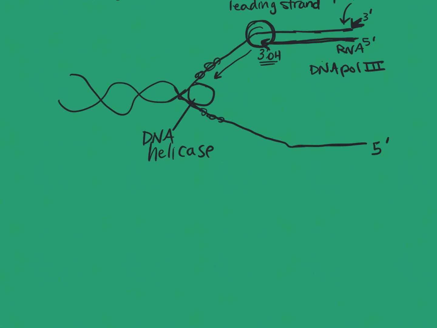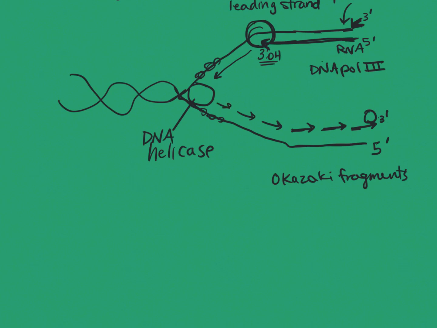So we're going to have a series of primers here, and then the polymerase is going to be moving out this way, and this way, and this way. Remember, we call those Okazaki fragments. Okay, like this, like this, like this.